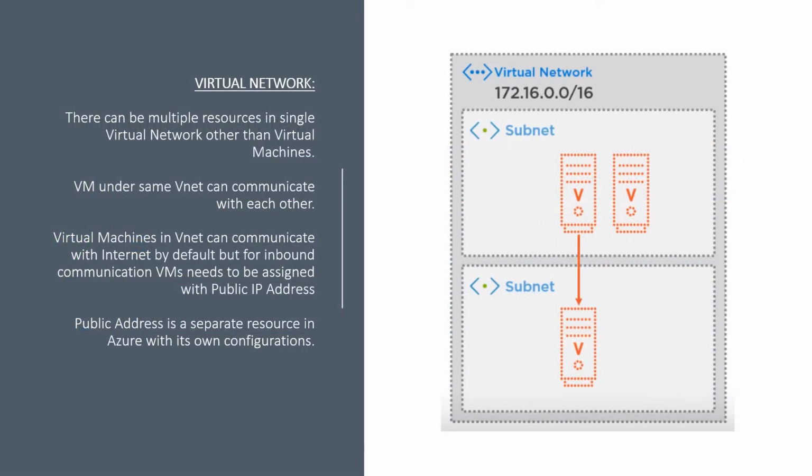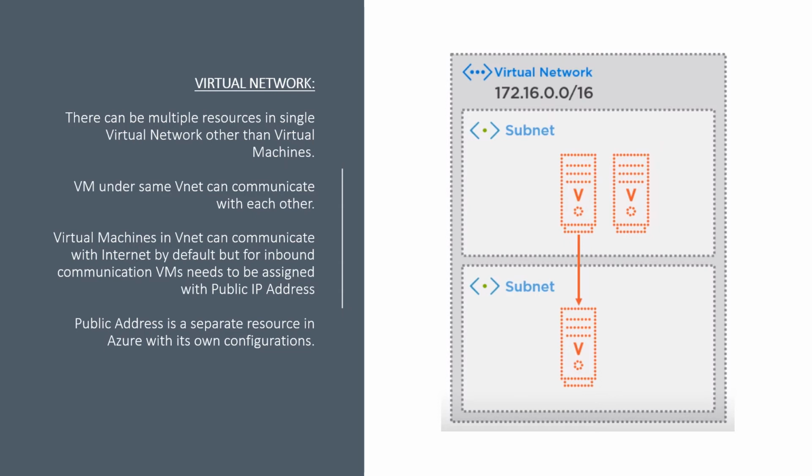So let's talk a bit more about virtual network in detail. As I said, there can be multiple resources in a single virtual network other than the virtual machine. VMs under the same VNet can communicate with each other.